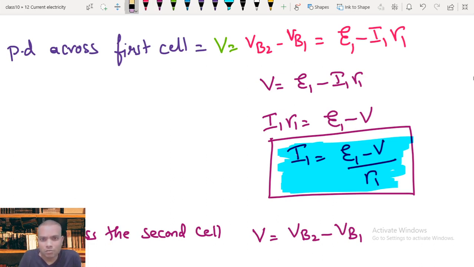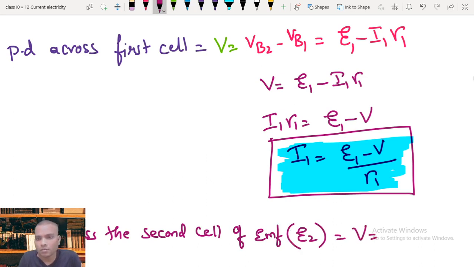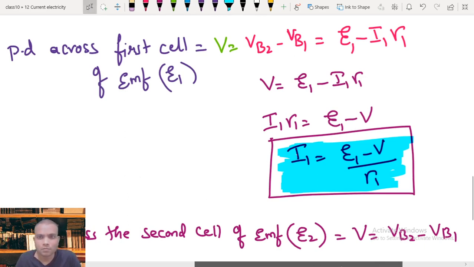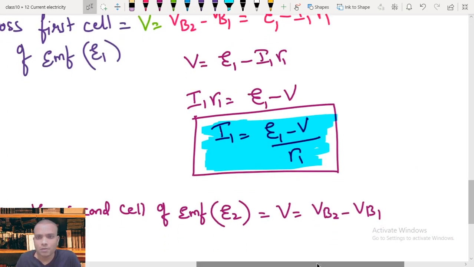It is better to mention the second cell of EMF E2, so that things get easier. So V equals VB2 minus VB1, and for the first cell of EMF E1 we get the same notation, since in parallel combination the potential difference remains constant. So VB2 minus VB1 for the second cell.